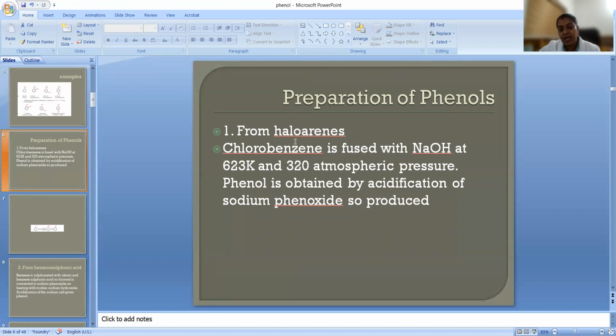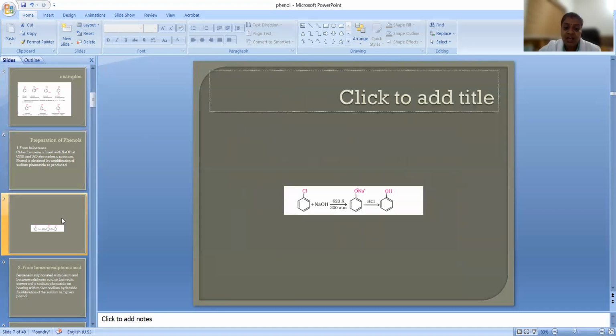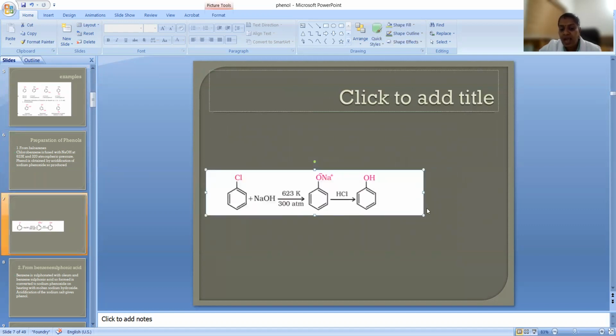The haloarene will undergo nucleophilic substitution reaction only very rarely. We understand that drastic conditions are necessary for the nucleophilic substitution reaction of a haloarene.